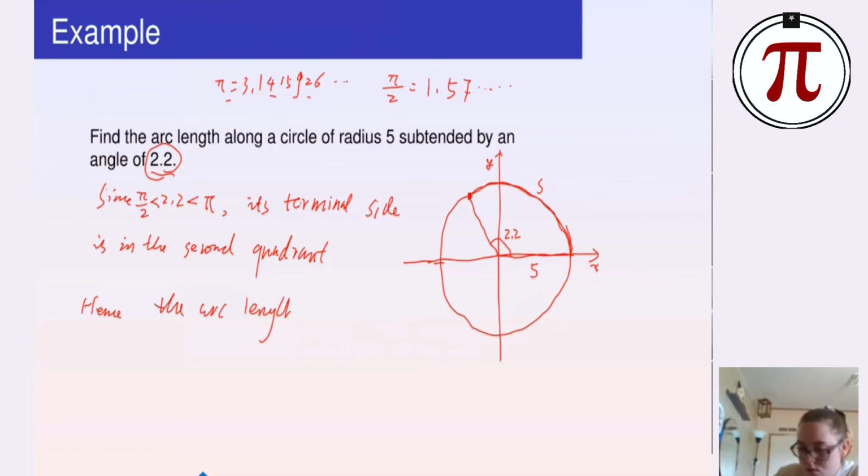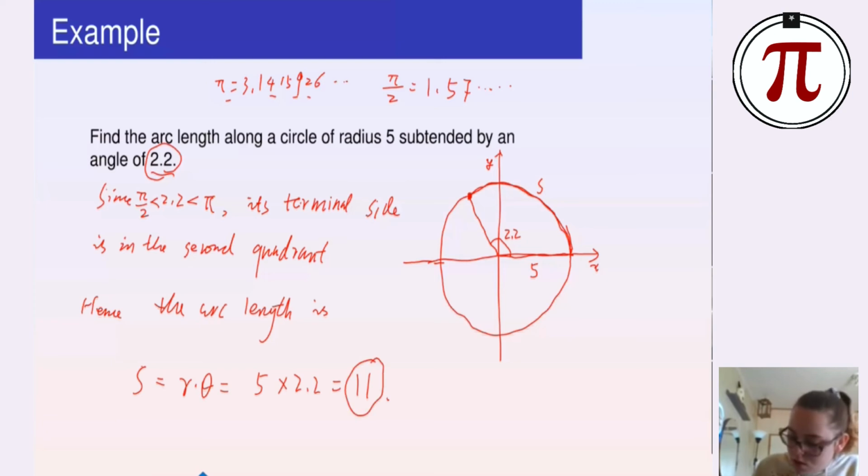So S equals 2.2 times 5. What do we get? 11. Very good, so arc length is 11.